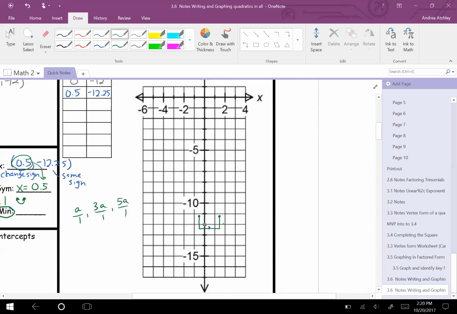So this is 1 and 1. Then I'm going to go over 1 and up 3. Over 1 and up 3.